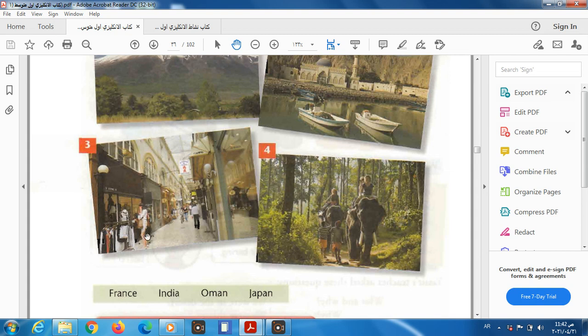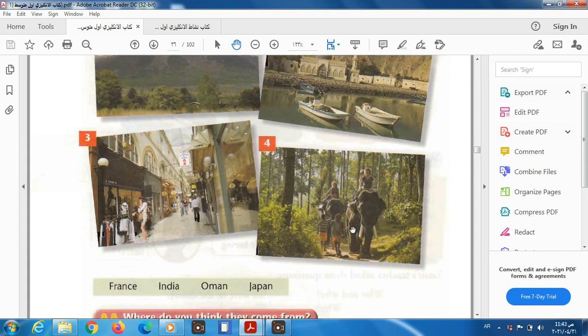فيها محلات. فرنسا معروفة بموضة الملابس وكثرة محلاتها. Okay, now number 4 is India, because as you see we have elephants, and elephants live in India. تعيش الفيلة في الهند.